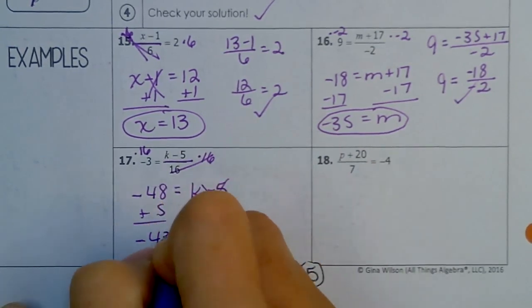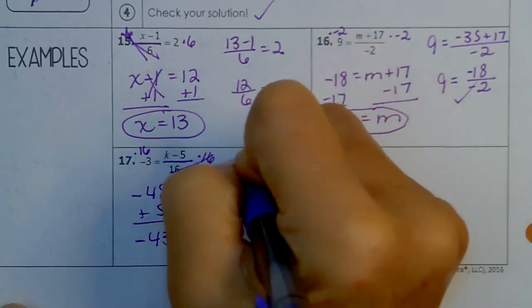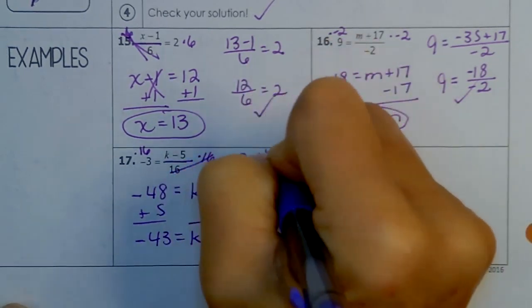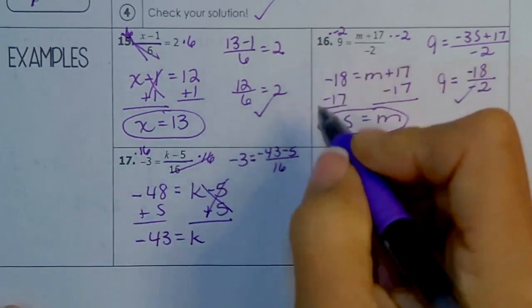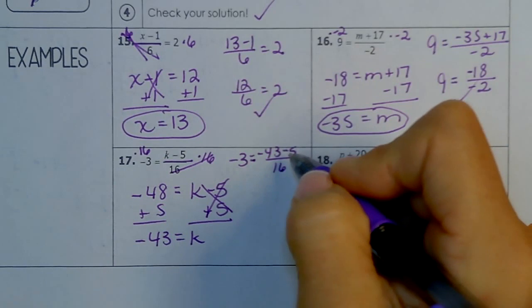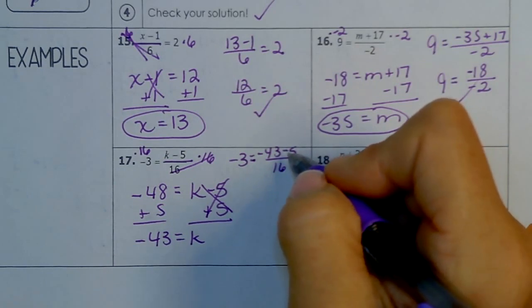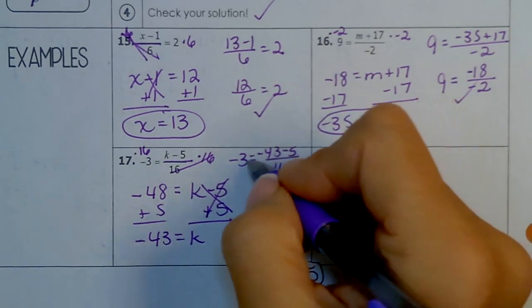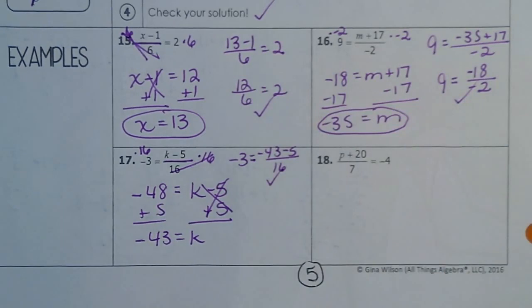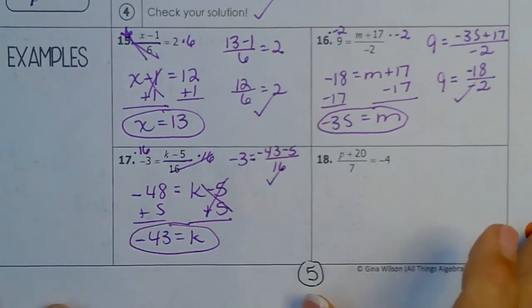That gives -43 equals k. Time to substitute. So -43 minus 5 gives me -48, and -48 divided by 16 is -3. So this is the correct solution.